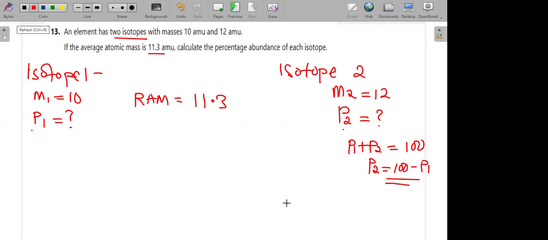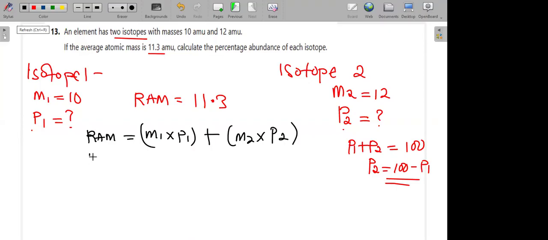Then I'll write the formula for the RAM, which is RAM equals M1 multiplied by P1 plus M2 multiplied by P2. So the RAM, 11.3, equals the mass 1, which is 10, multiplied by P1.